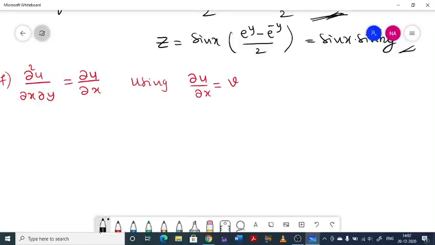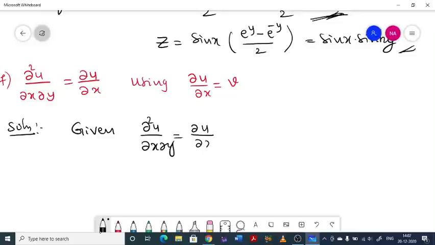Solution. So this we can't directly solve as in the previous problems. Given ∂²u/∂x∂y = ∂u/∂x.